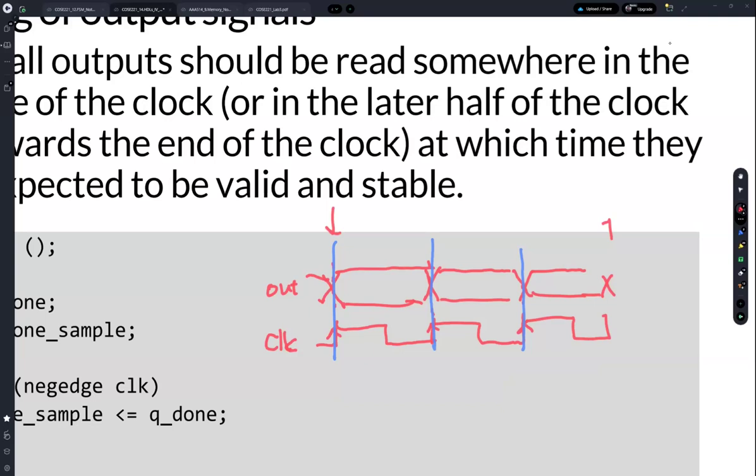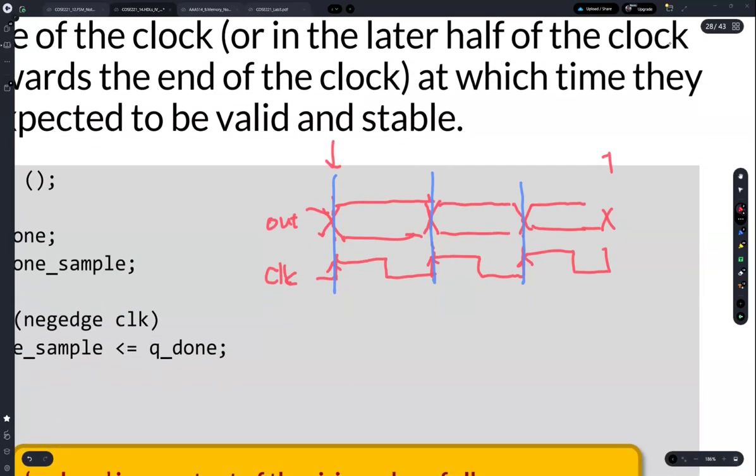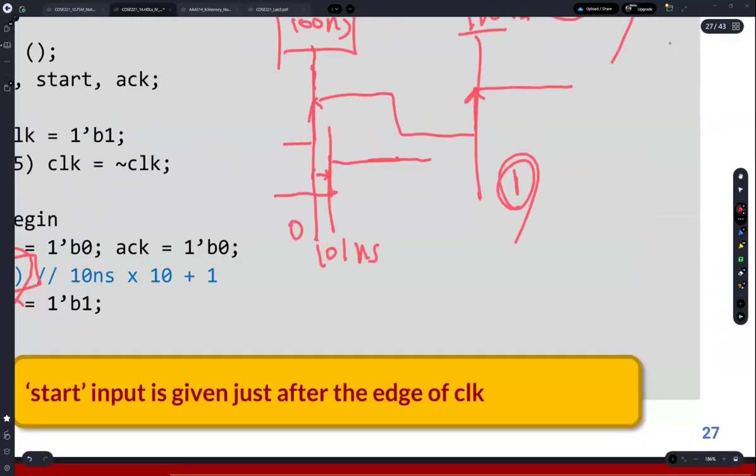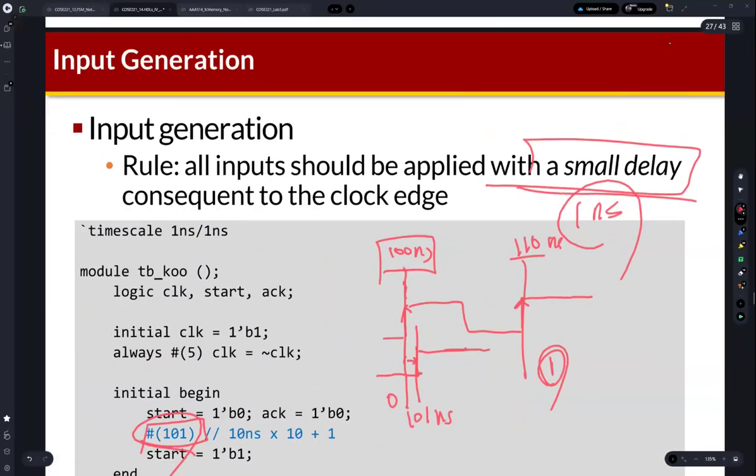If we monitor the output values at this time, what's the exact output value? We don't know, for the same reason. I also explained the input generation: if the input is changed on the rising edge of the clock, we don't know the exact sampled input values. It's the same.